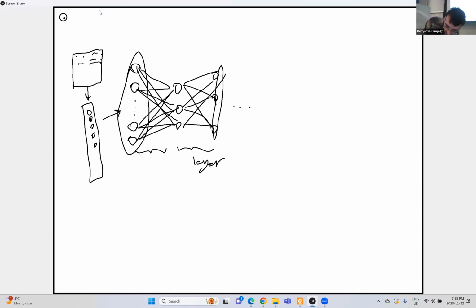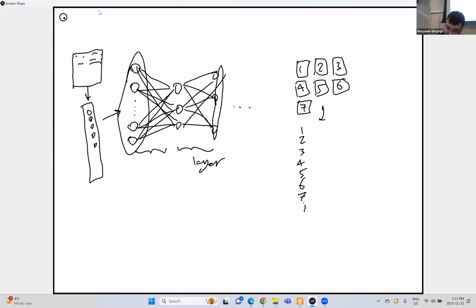Why? Let me tell you this. Consider a small image: pixel 1, pixel 2, pixel 3, pixel 4, 5, 6, 7, etc. Let me reshape it. It becomes 1, 2, 3, 4, 5, 6, 7, etc. 1 and 2 were close to each other.